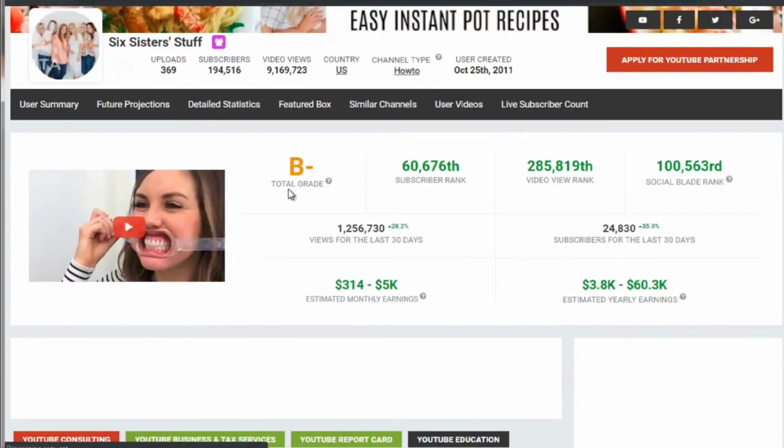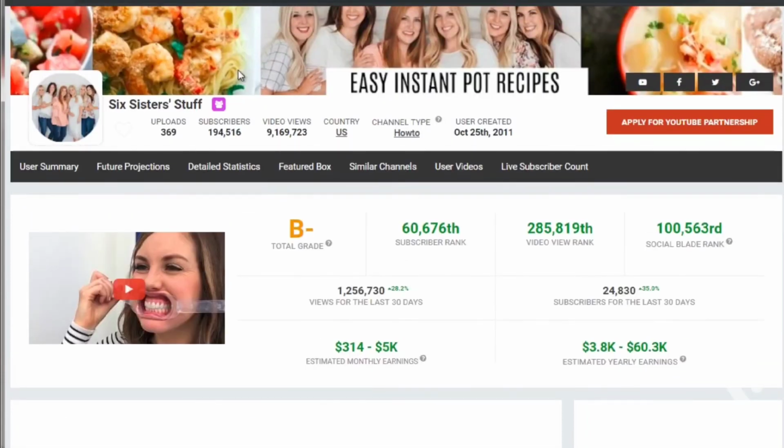So right off the bat, we can see that if we were to rank on the keyword Instant Pot, it's going to take a lot to break through. But the way we can break through is by using subcategories of that keyword. So Instant Pot recipes or Instant Pot chicken recipe, stuff like that. So we can see that each one of these has about 100 to 200,000 subscribers.